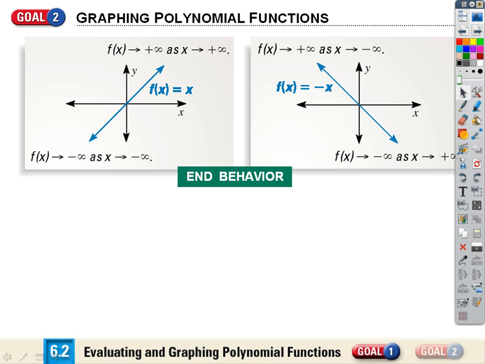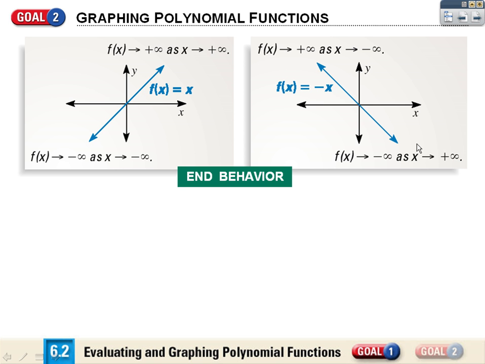What about this simple example? If f of x equals negative x, now we've got a downward sloping line. Now we get the opposite happening. As x approaches positive infinity, we can see that f of x is approaching negative infinity. It's going down forever. On the other side, as x approaches negative infinity, f of x is climbing up to positive infinity.